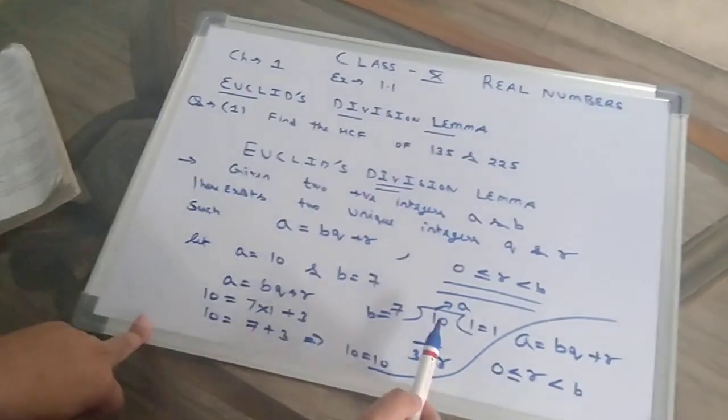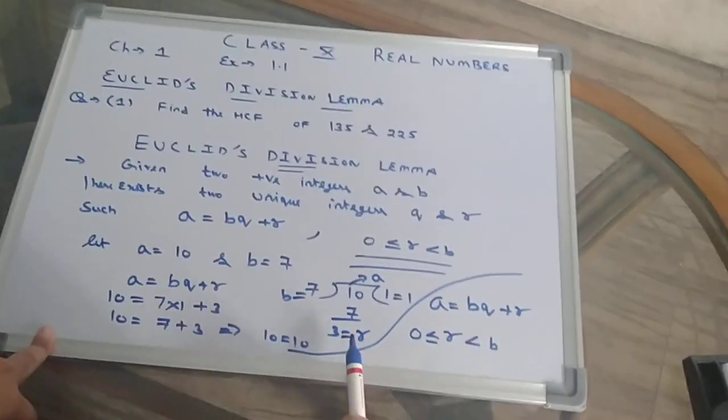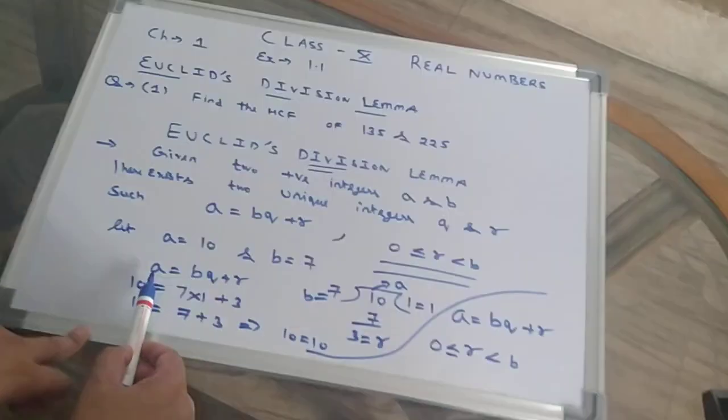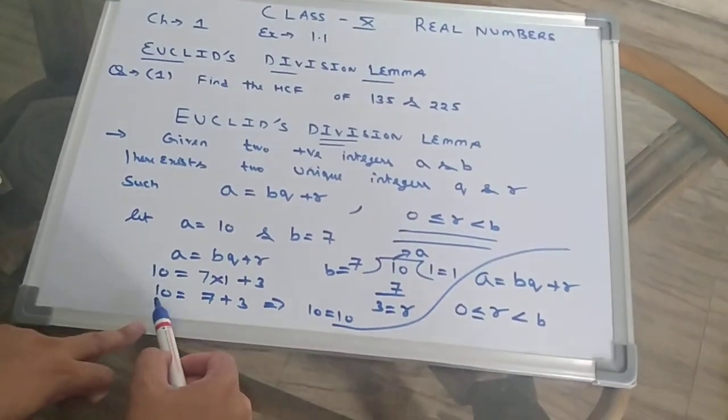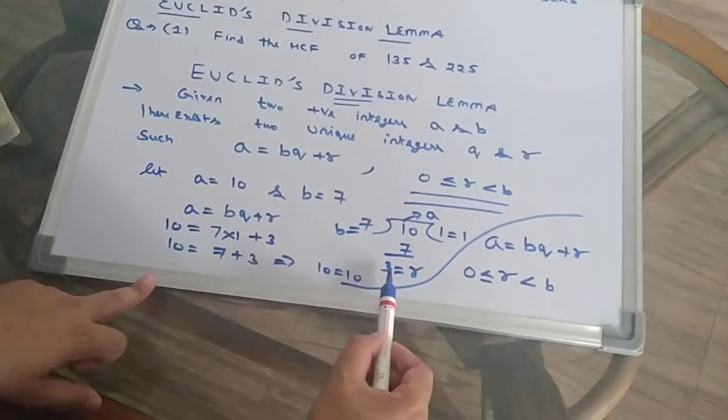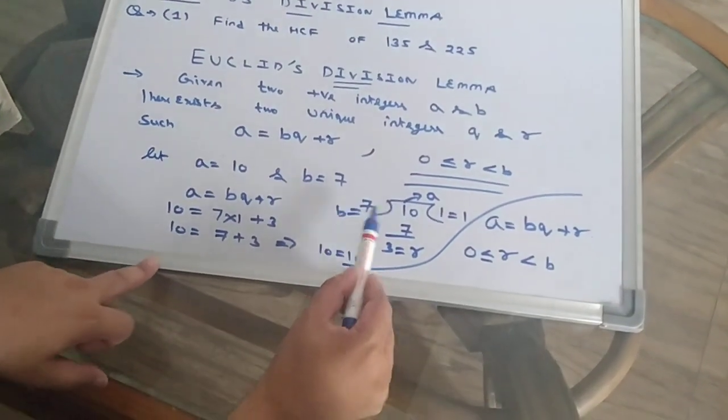If you divide that, our quotient comes out to be 1 and remainder comes out to be 3. When we put the values in a is equal to bq plus r, you find that 10 comes out equal to 10. And our remainder is 3, which is definitely less than 7.